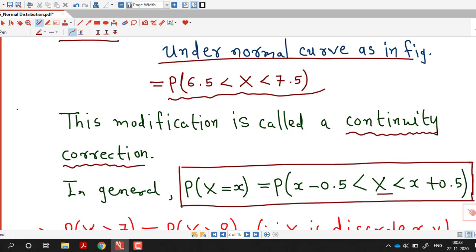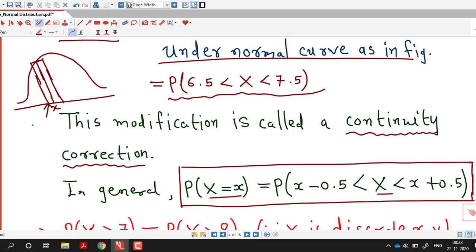For example, suppose we have this normal curve and suppose our point x is somewhere here. The probability that capital X equals x is nothing but the area of this rectangle.